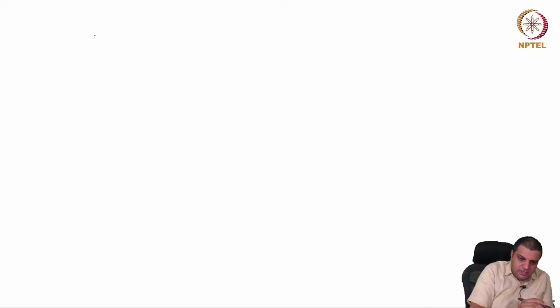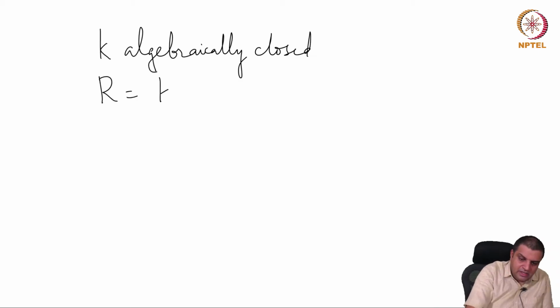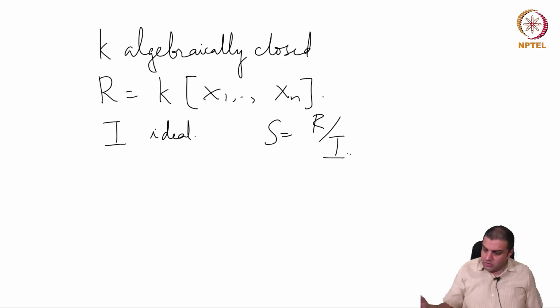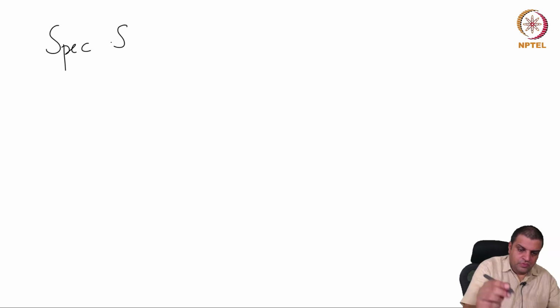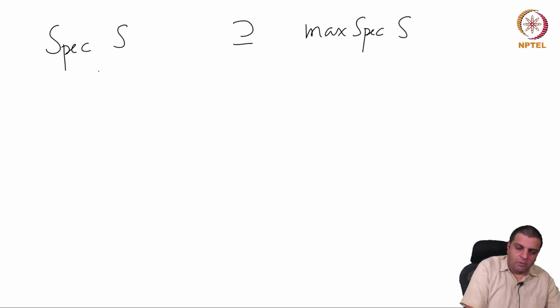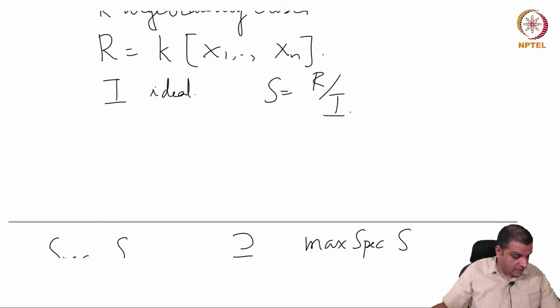We are back to the geometric version of the problem, in which K is algebraically closed, R is the polynomial ring in n variables, I is an ideal, and S is R mod I. Now we defined two things called Spec of S, and then we also defined a subset called the maximal Spec of S. So this is the set of all primes, and this is the set of maximal ideals, and we know what this one looks like in this particular case.